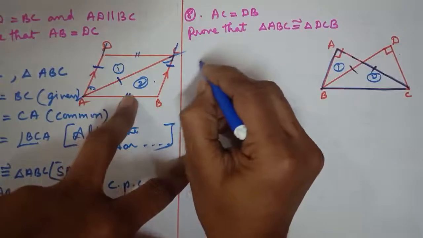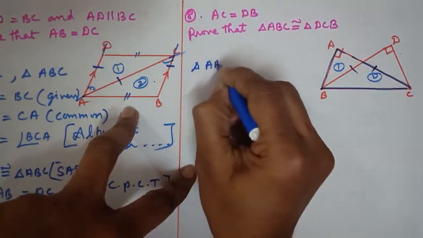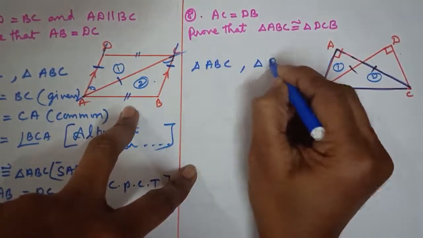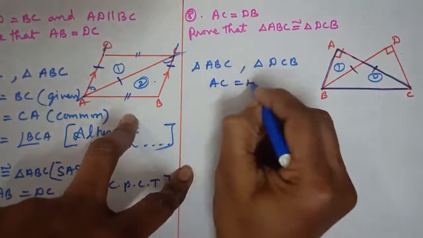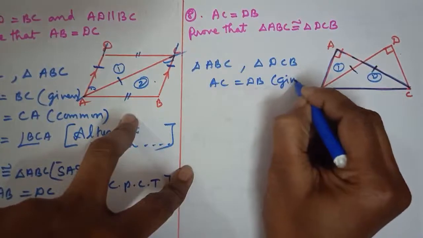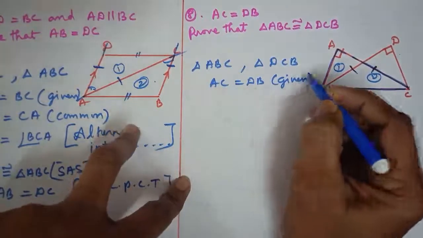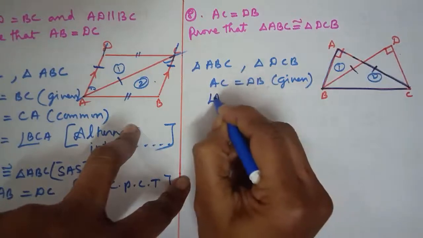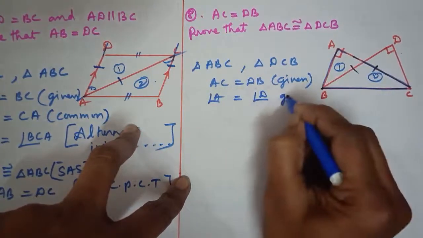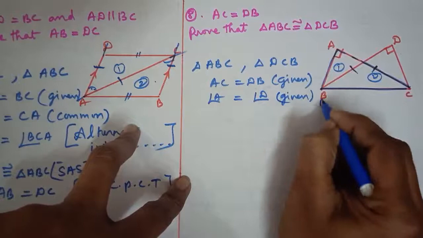Now consider triangle ABC, triangle DCB. So AC is equal to DB because given. And this angle is equal to this angle, this is also given. So angle A is equal to angle D because given. This is a right angle also.